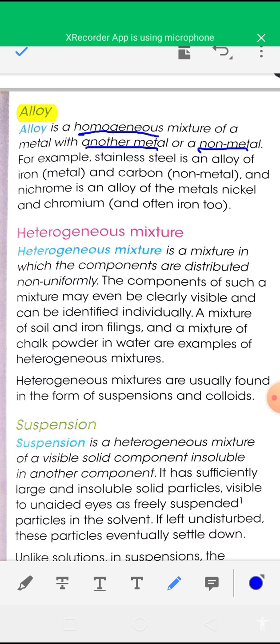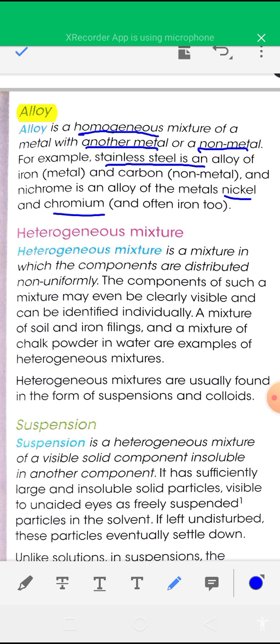Examples of alloy are stainless steel and nichrome.